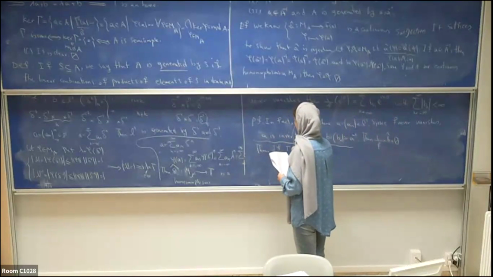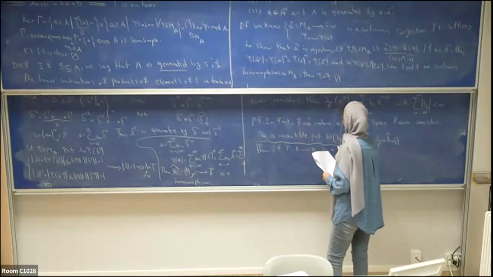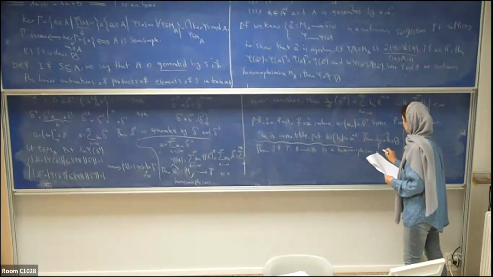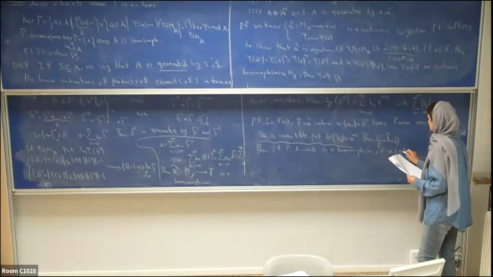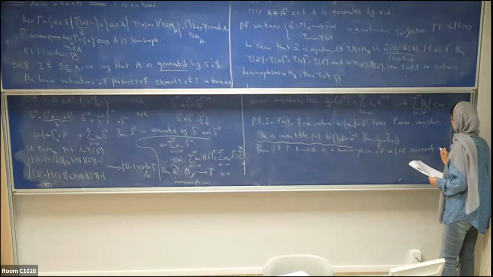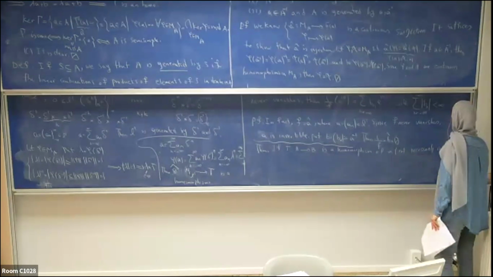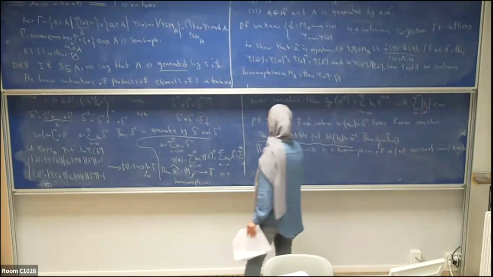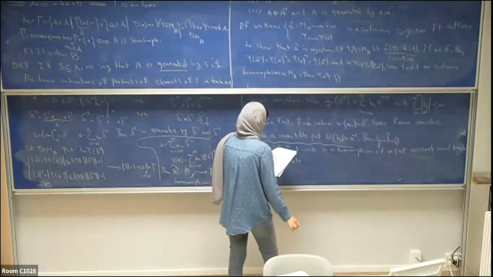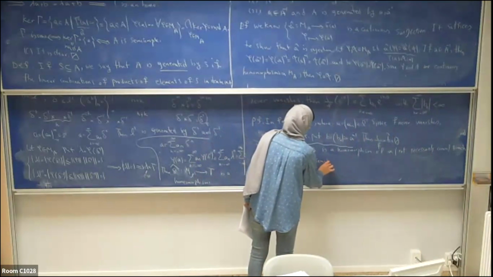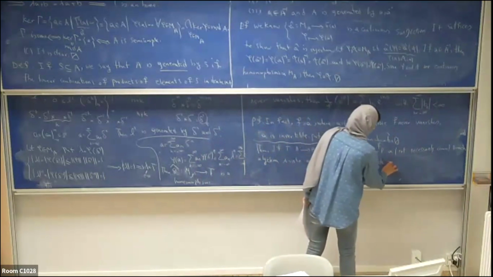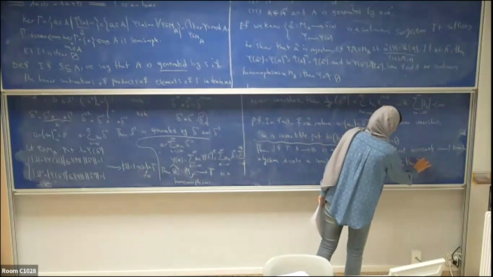If T from A to B is a homomorphism of a not necessarily commutative Banach algebra A into a semisimple commutative Banach algebra B, then T is continuous.